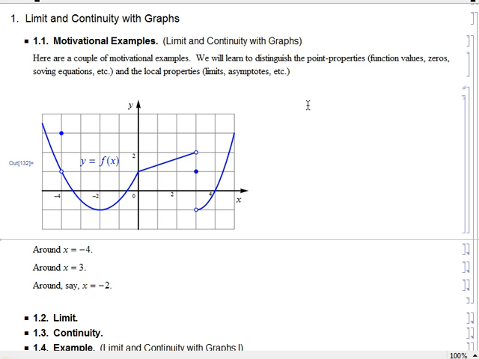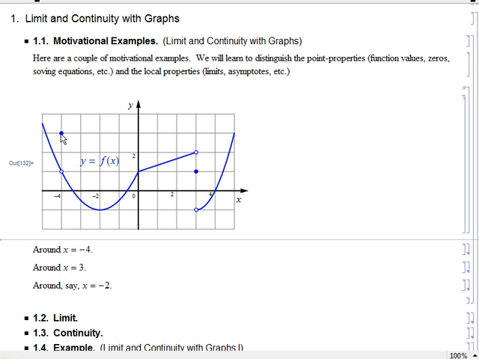Here, what I would like to focus upon is the distinction between so-called point properties and the local properties. What do I mean by point properties? The properties that are related to a single point and nothing else. Function values, for example. Here, what is f of -4? All we have to look at is a single point right here. When x equals -4, the y-coordinate value given by this graph is 3.